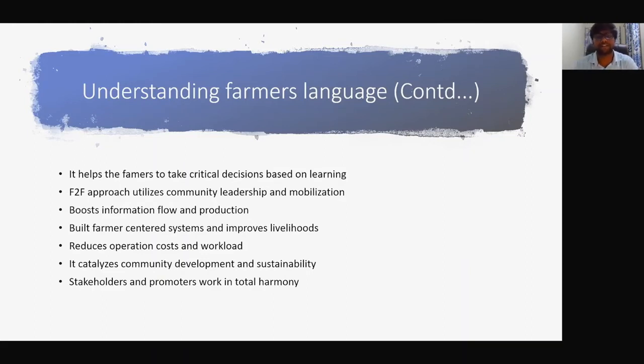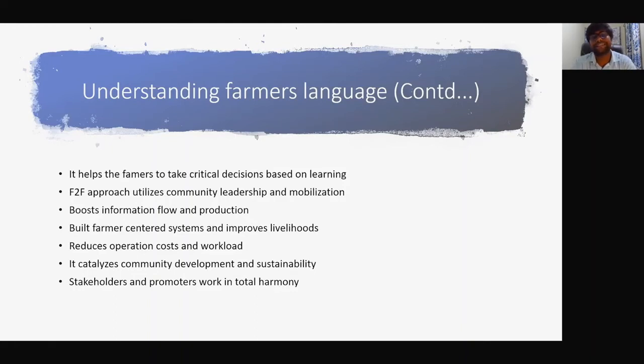This focus group participation also builds a farmer-centered system and improves the livelihoods of different farmers, whereas it reduces the operation cost and the workload by giving way to information and collective sense.